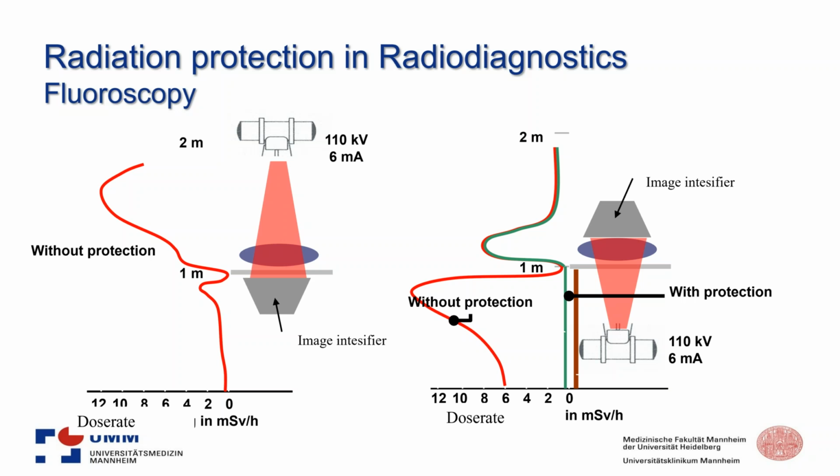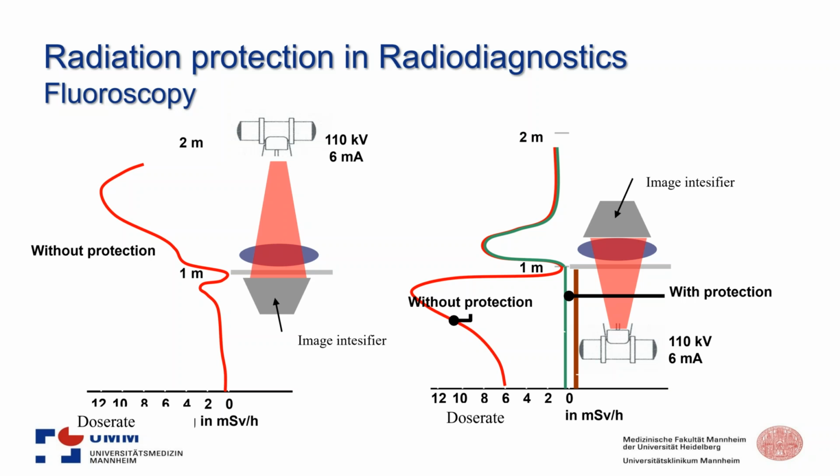With this energy and with the lead aprons, for direct radiation and for scattered radiation, you could force the photo effect completely in a lead apron, and you have a very good shielding effect by forcing this photo effect as a shielding effect.